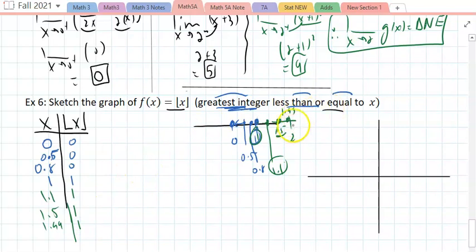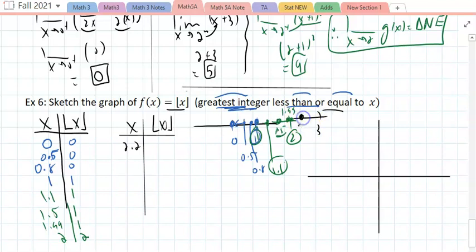What if I picked 2? The greatest integer less than or equal to 2. Well, it's not less than, but it's equal to 2. Continuing that trend, what if I went for x equaling 2.2? What is the greatest integer less than or equal to 2.2? That's 2. How about 2.5? That's 2. 2.9, that's 2. How about 3? You jump at 3.